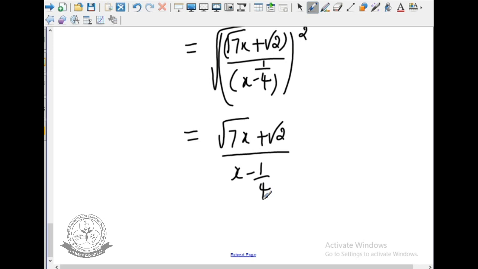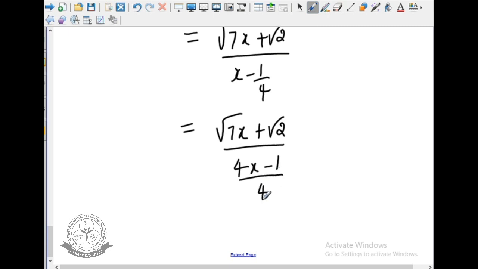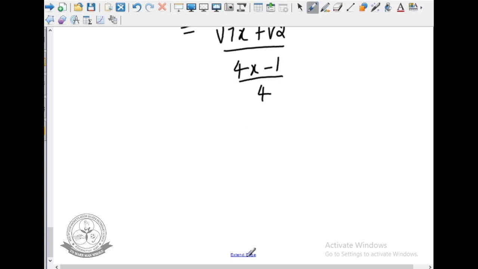right? So here also I can do the simplification, that is square root of 7x plus square root of 2 divided by, here I can take LCM. If I take LCM for this value, (4x minus 1) by 4, right? Then after that having 4, the 4 will come in the numerator.